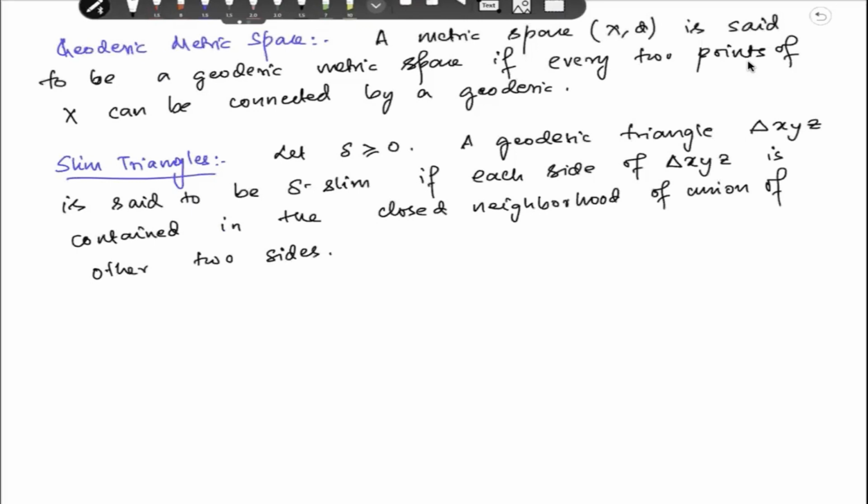So the picture will be something like this. This is my geodesic triangle. Each side is contained in the closed delta neighborhood of the union of the other two sides.